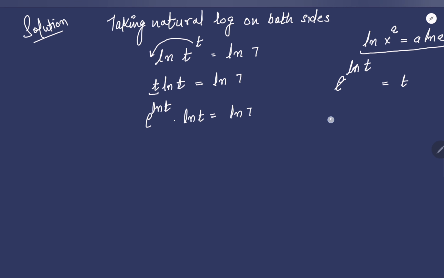What is the Lambert function now? The Lambert function is a function W that, when it is applied on such a function, a times e raised to power a, means this and this should be the same, this is actually equal to a.